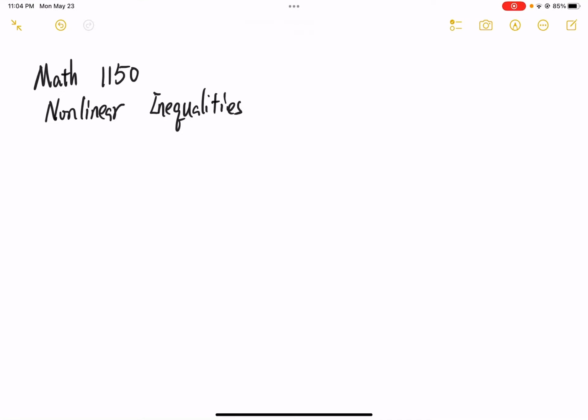In this part, we want to talk about nonlinear inequalities. We already know how to solve a linear inequality, like this one, for example, 3x minus 5 greater than 0.